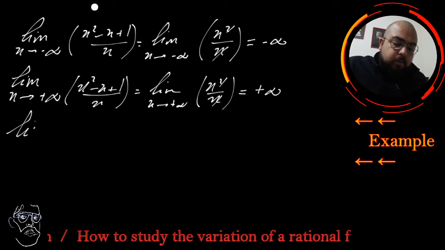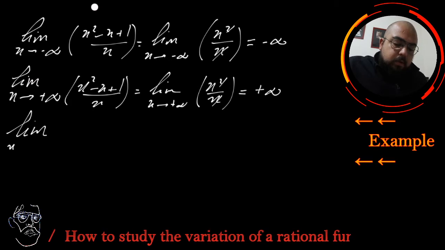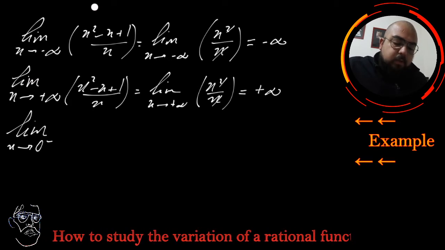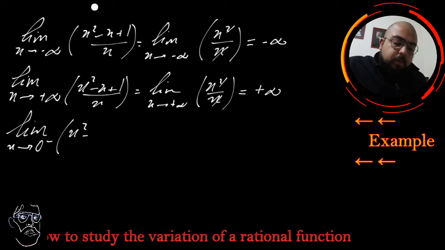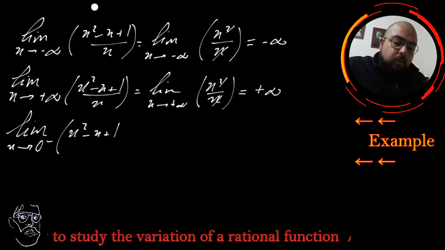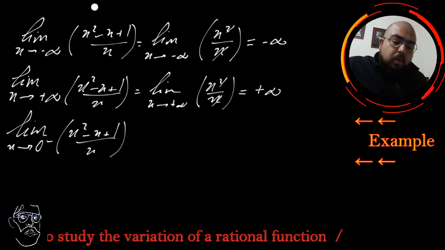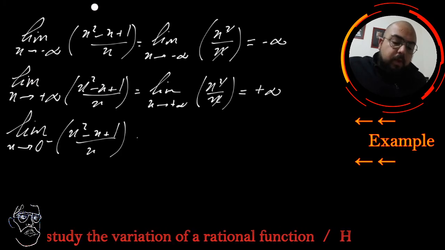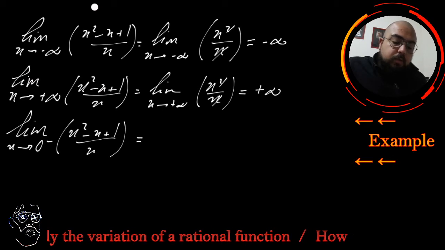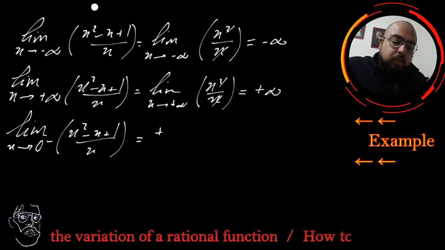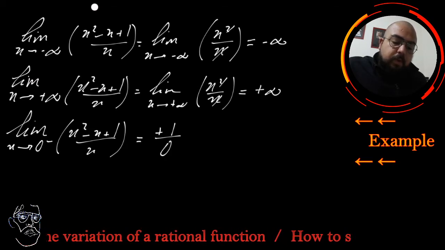The limit when x tends towards 0 minus of x squared minus x plus 1 over x. Once I replace it, I will have 0 minus 0 plus 1, so it will be plus 1 over 0 minus.